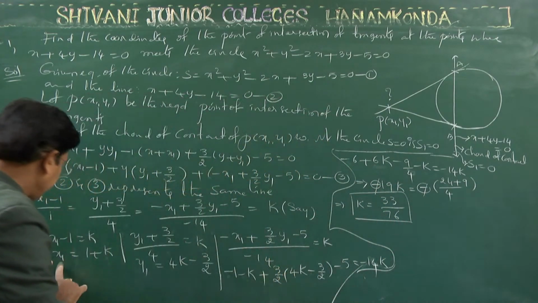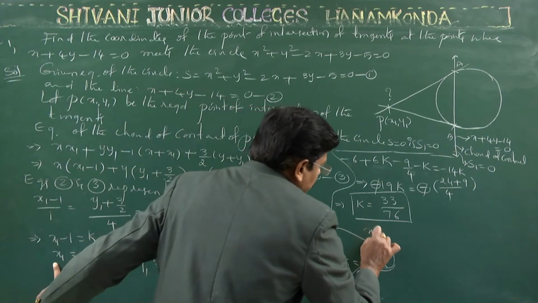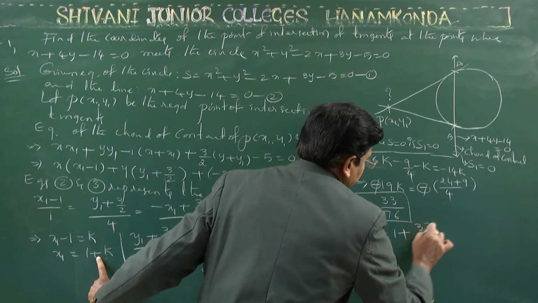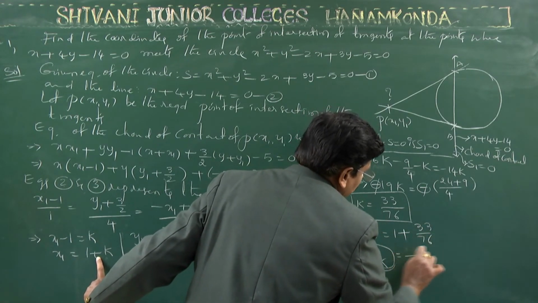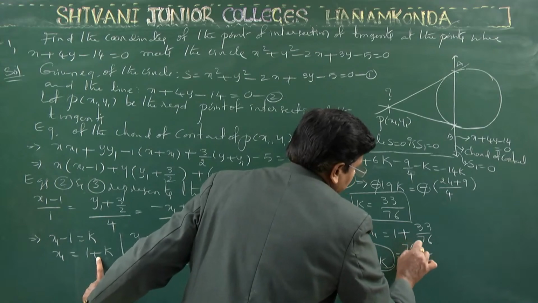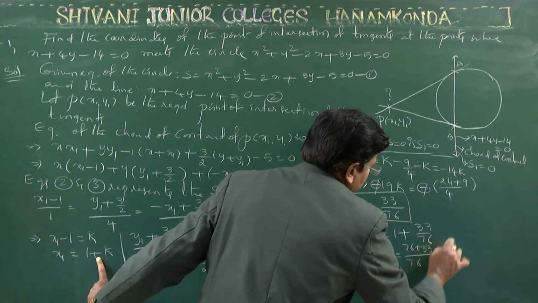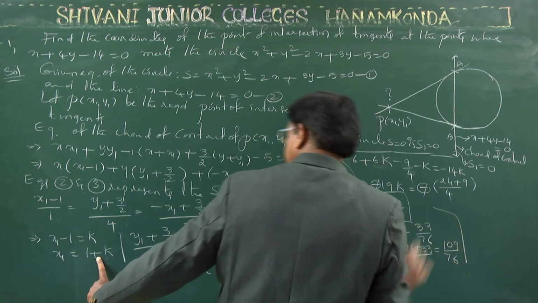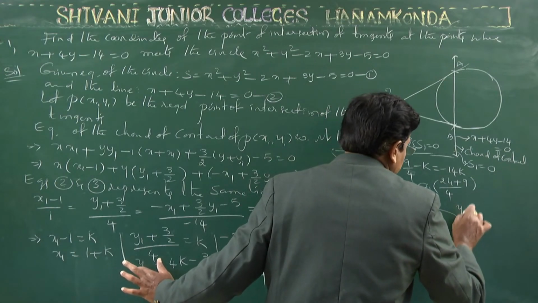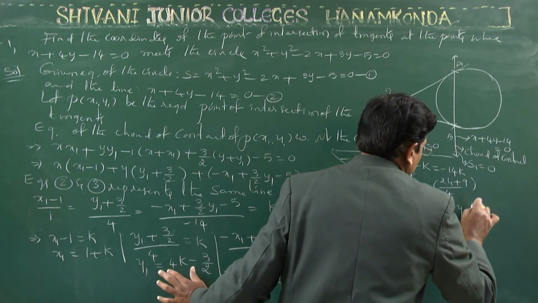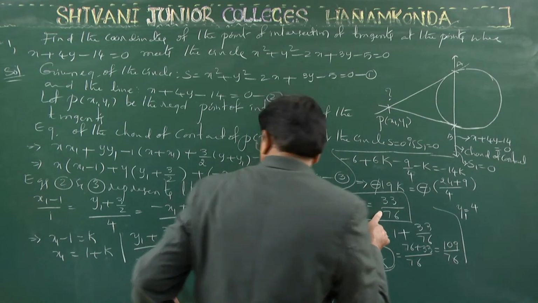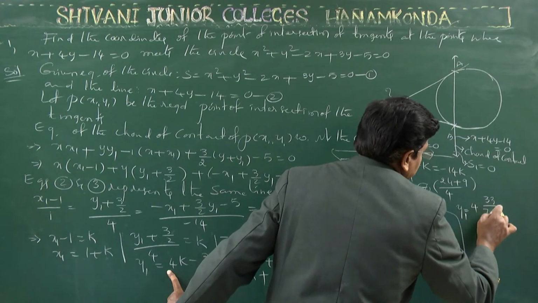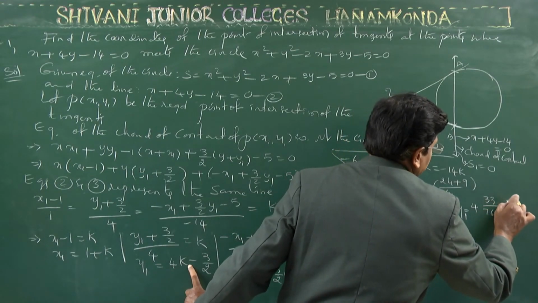Okay, fine. What about x1 is nothing but 1 plus k. What about k is equal to 33 by 76. Now we take the LCM, 76 plus 33. What about you have the result 109 by 76. Okay, fine. What about y1 is nothing but 4 into k, 33 by 76 minus 3 by 2.